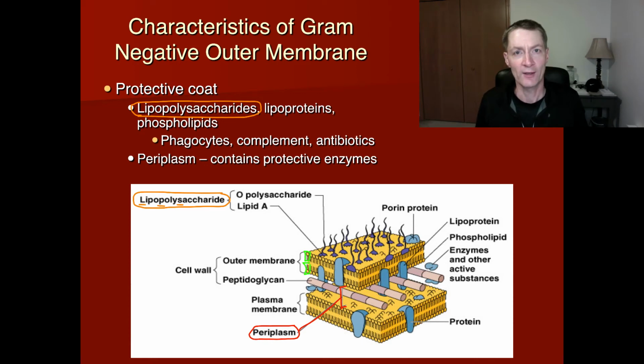Remember that these bacteria exist in a nasty world where they're competing for nutrients and space. And bacteria actually are affected by viruses as well. It's not just animals and plants that have viruses attacking them. Bacteria do too. So within this periplasm, we have protective enzymes, some of which will break down genetic material. So if a virus is about to inject its genetic material into a bacterium, the periplasm will protect it.